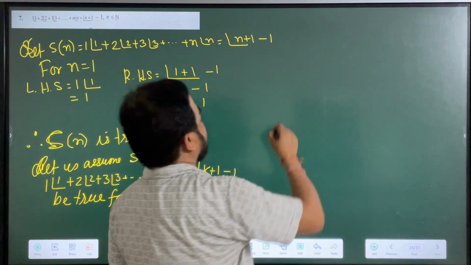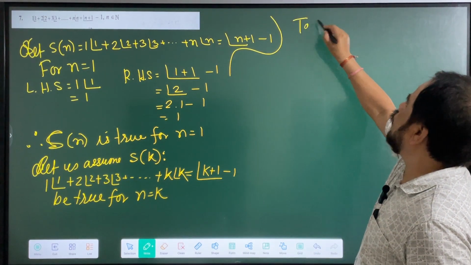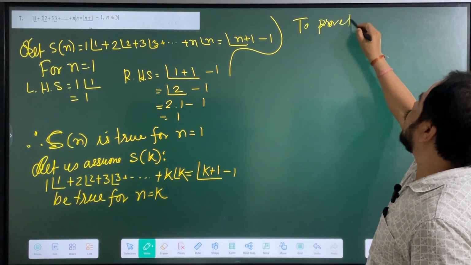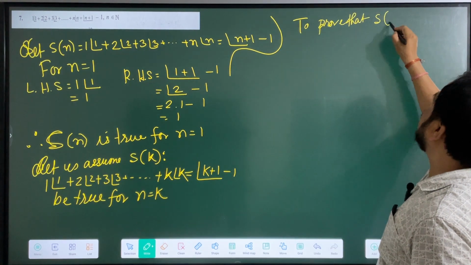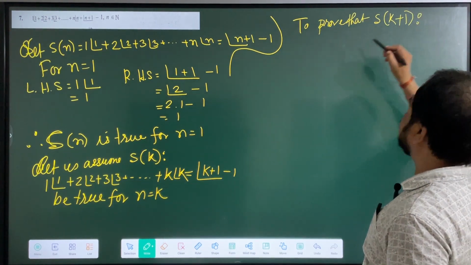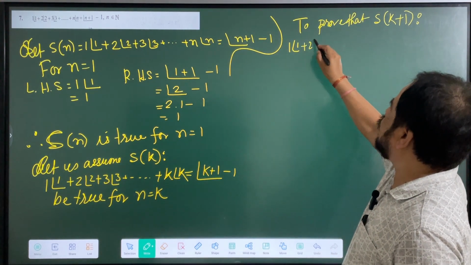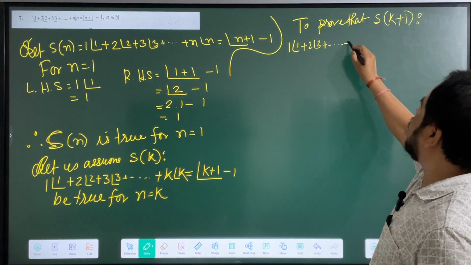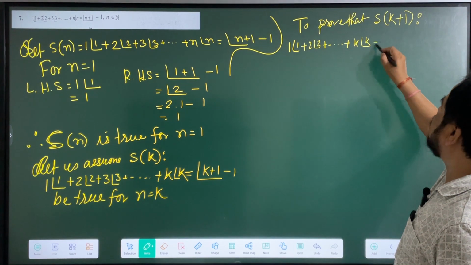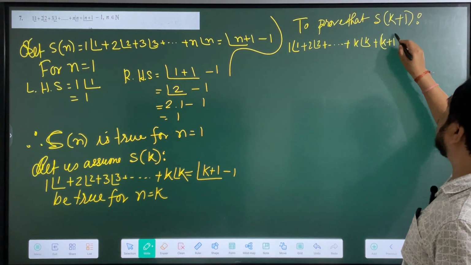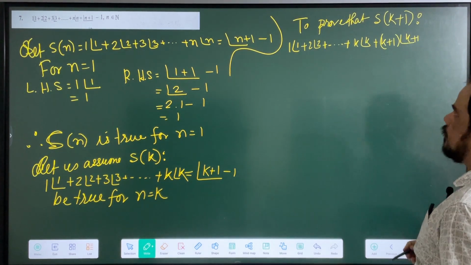Now to prove that, what to prove, S k plus 1: 1 factorial 1, 2 factorial 2, up to k factorial k plus k plus 1 factorial k plus 1.